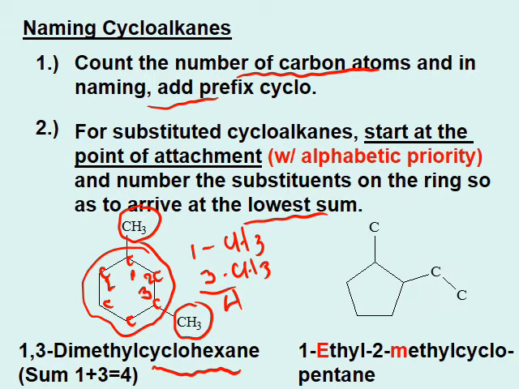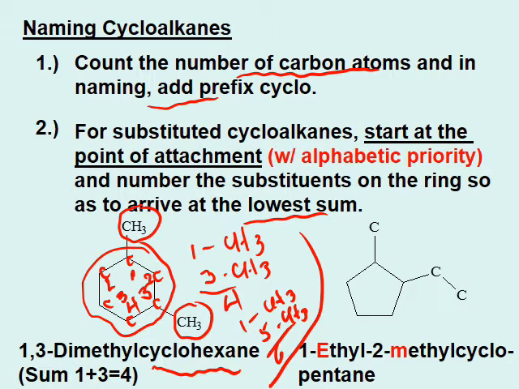If I go the other way, 1, 2, then this is going to be 3, then this is going to be 4, and this is going to be 5. So in that case, you would have one methyl group at location 1 and another methyl group at location 5. 1 plus 5, that makes it 6. So it's not acceptable.